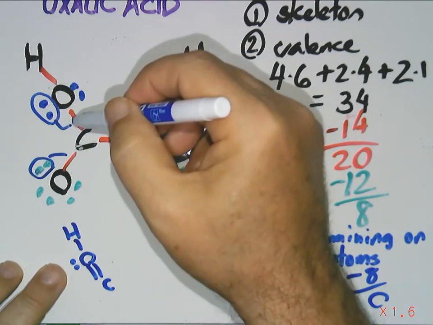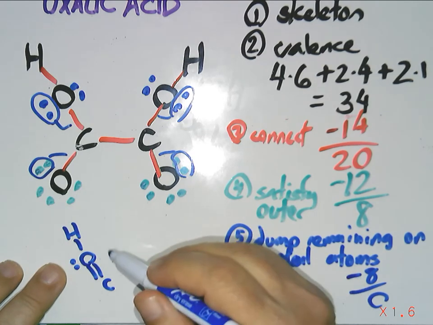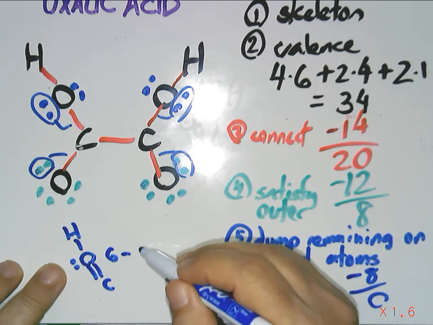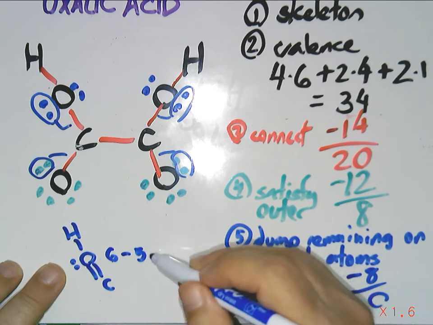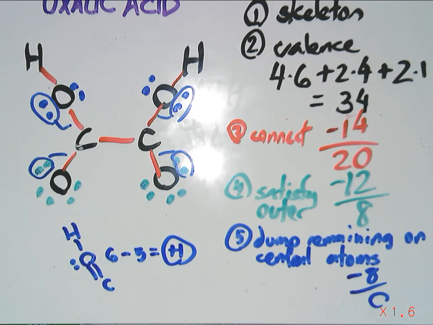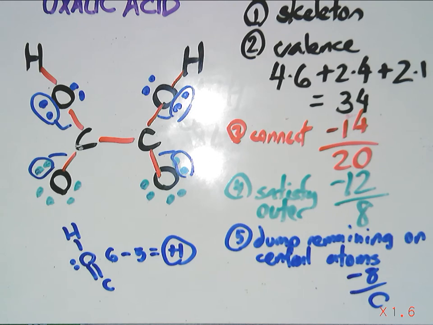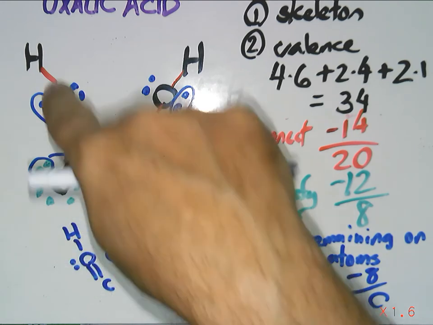If I share that lone pair, I'm going to get something that looks like this, and it's going to have a 6 minus 5, because there's 5 sticks and dots, a +1 formal charge, which is unfavorable because oxygen is a very electronegative element. So sharing on top is probably not going to be as good as sharing on bottom. I can see if I share on the bottom, I am going to get a 0 formal charge. So it is clearly better to share this one than this one.